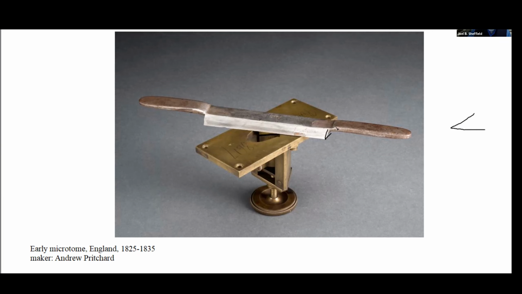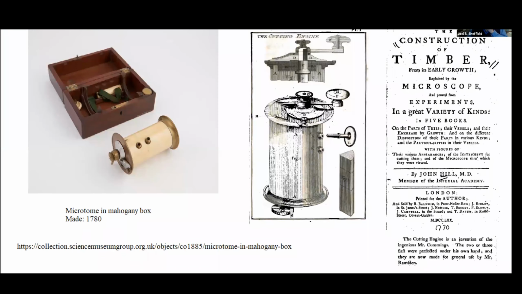But supposing you want to be able to actually work your way through a piece of tissue. So the classic early example of a microtome is this one. And I have to show it to you in this sort of pastiche of several different things, just because I couldn't resist. So this was used by a man named John Hill to cut wood for an analysis of, as you see, timber.